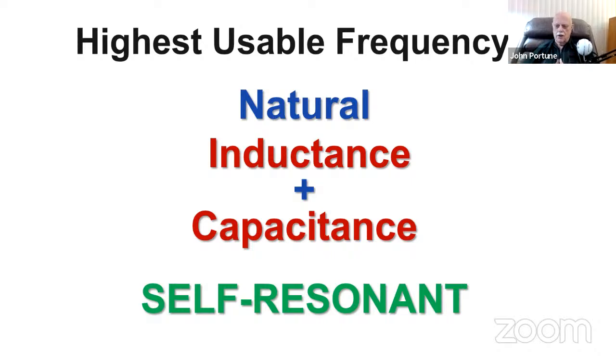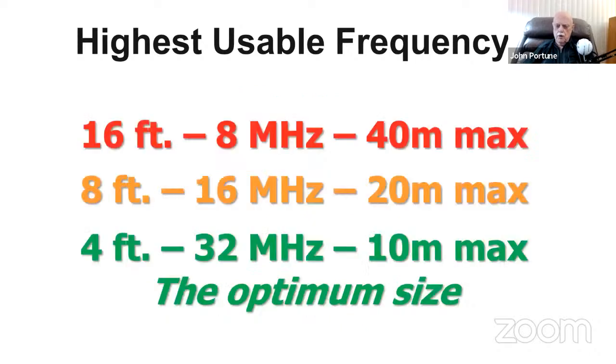All wires have inductance. And all wires, particularly in a loop, have capacitance, mutual capacitance between parts of the loop. Those two reactances together make all loops, all coils, self-resonant. And self-resonance is the determining factor in how high a frequency a magnetic loop can work.